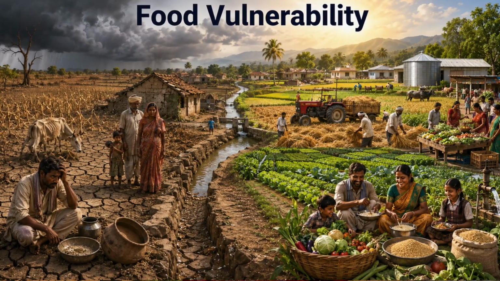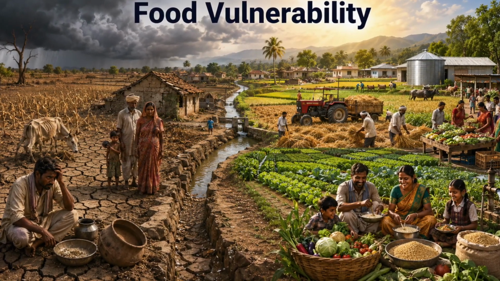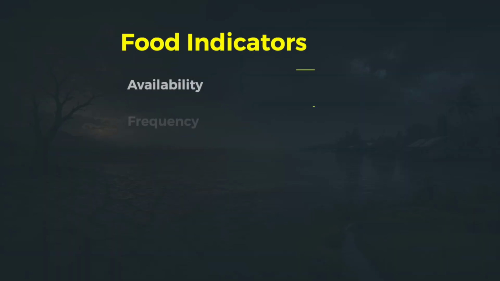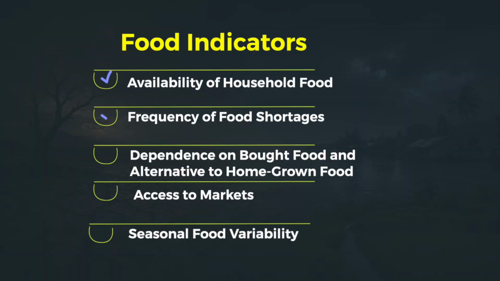Now let me explain to you food vulnerability. Food vulnerability is directly connected with food security, especially in an agrarian economy. Indicators of food security include availability of household food, frequency of food shortage, dependence on bought food as an alternative to home-grown food, access to markets, seasonal food variability.